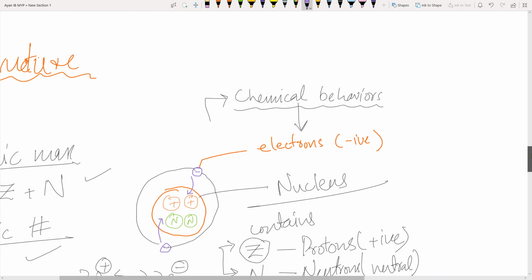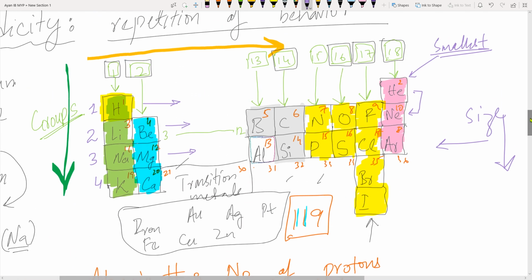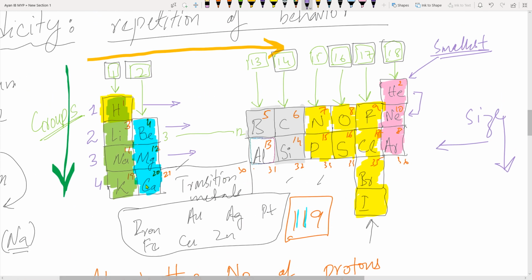Now let's talk about this trend as well. Let's make some questions. Is calcium more reactive, or aluminum? Good. Now let me know if lithium is more reactive or sodium. Is fluorine more reactive or bromine?